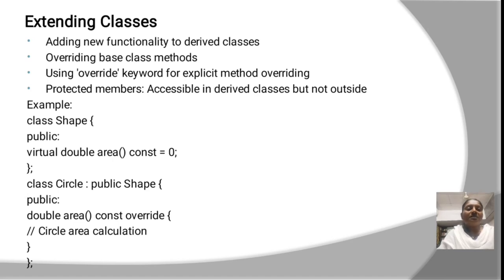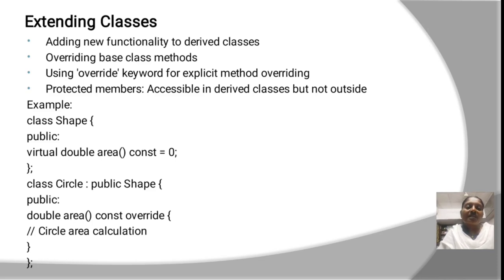Protected members are accessible in derived classes but not outside. For example, class Shape, open brace, public, virtual double area const equal to 0, closing brace, semicolon. Class Circle, public Shape, open brace, public double area const override, circle area calculation.